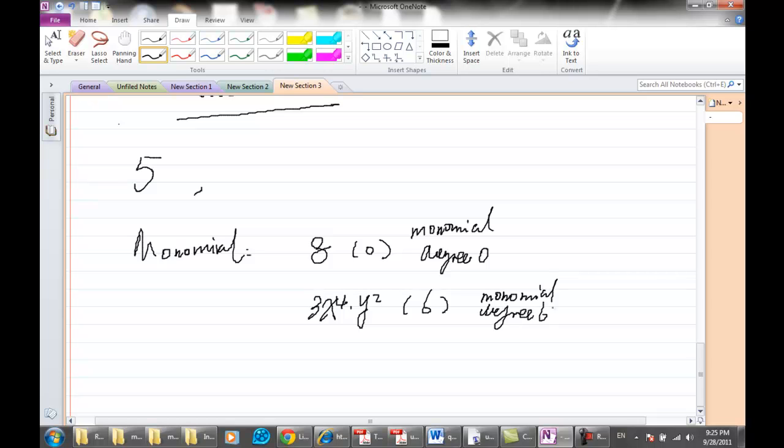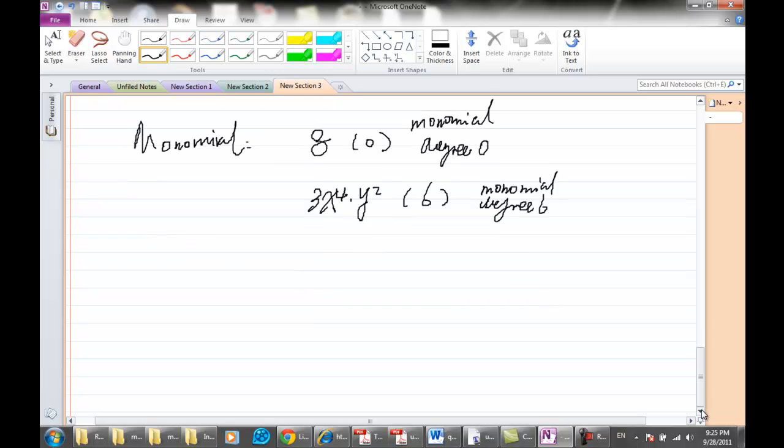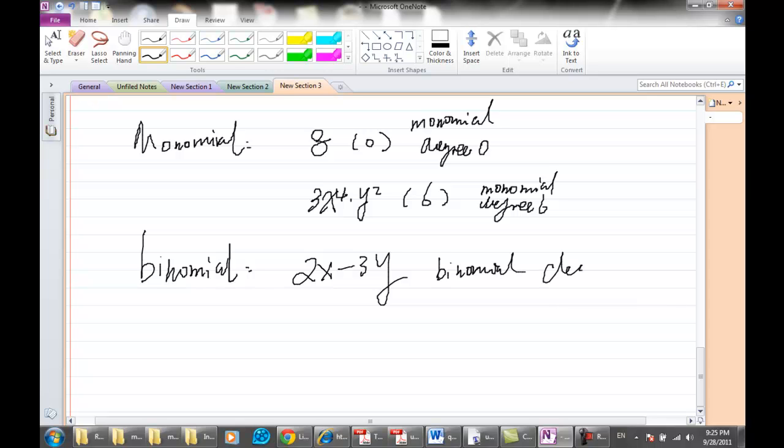And if we have 2 terms in the polynomial, that can be called a binomial. An example is like 2x minus 3y. That is called binomial degree 1.